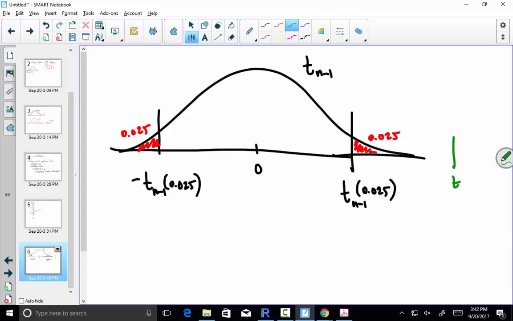But also, if it's over there, I will reject. So the reason that we have the alpha over 2 is because I'm trying to split up the total alpha to both sides to allow for either type of deviation from the null hypothesis.